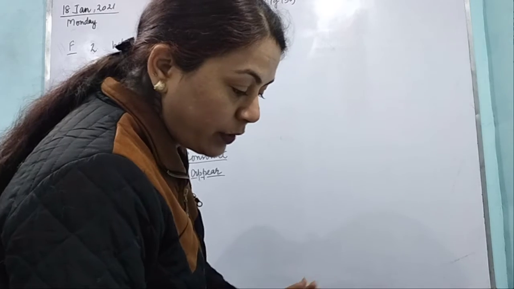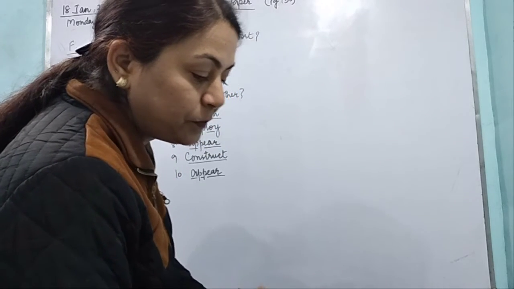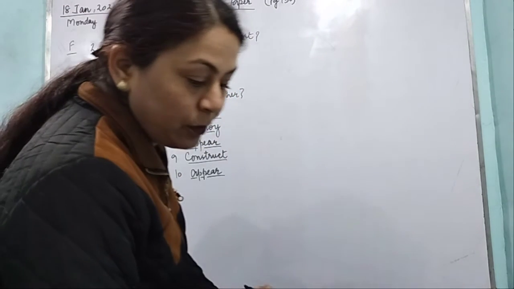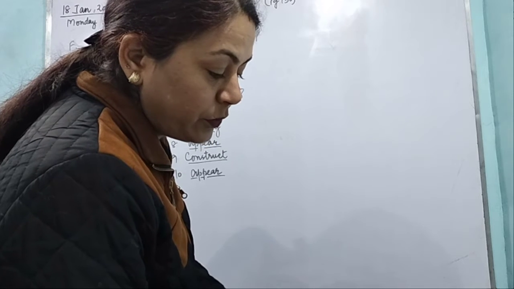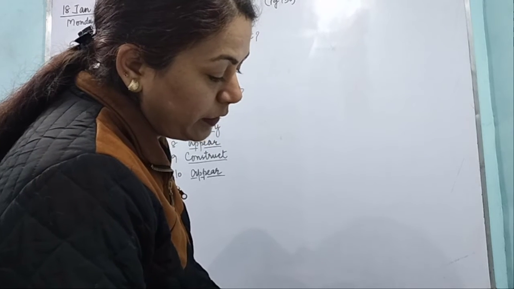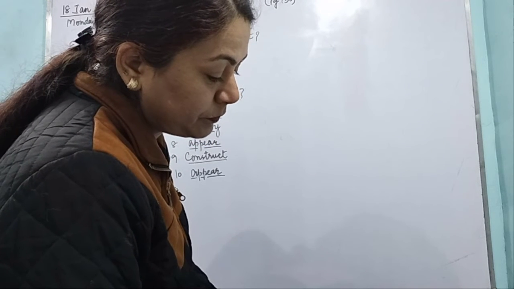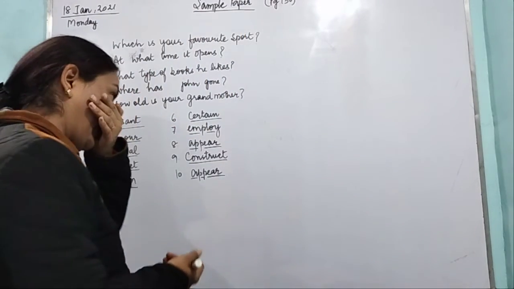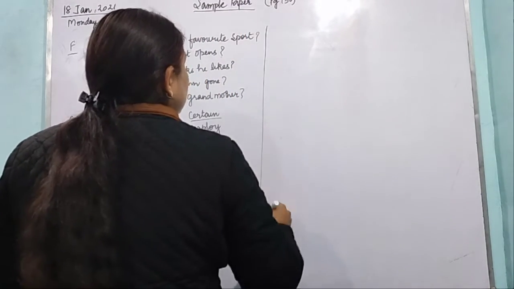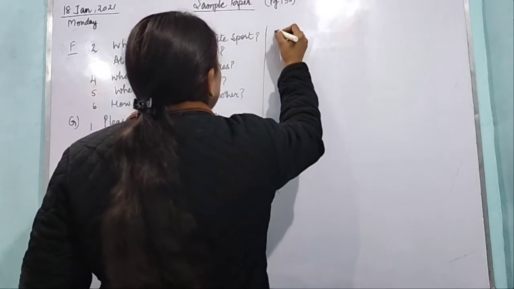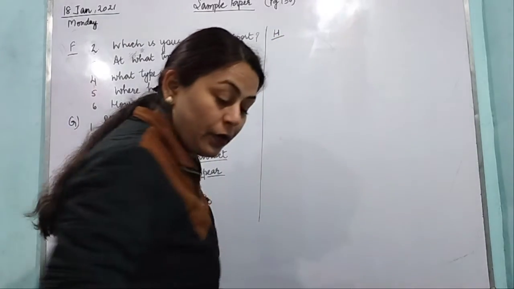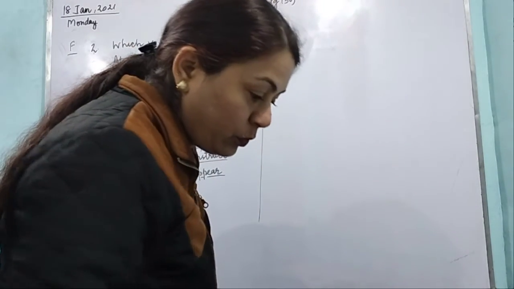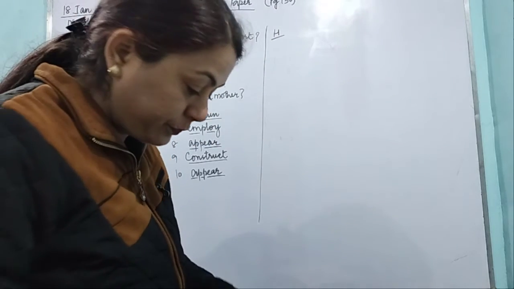Take the correct alternative. I don't think I can be able to go. I don't think I can. I shall be able to go. I don't think I'll be able to go.